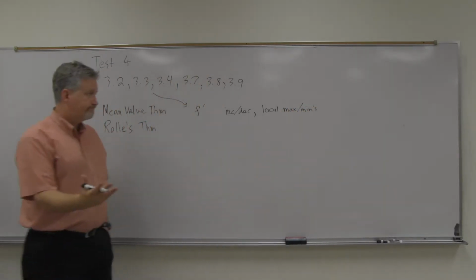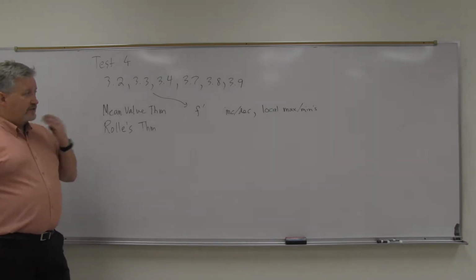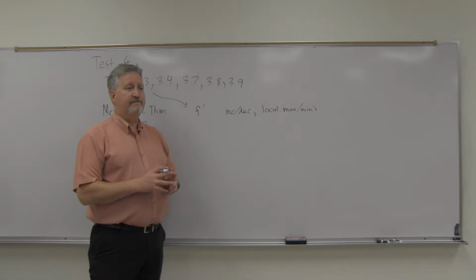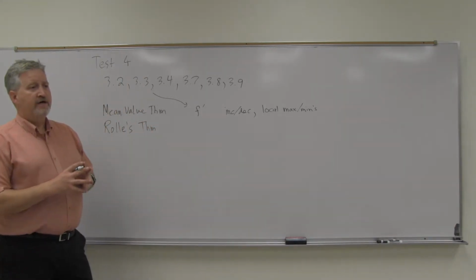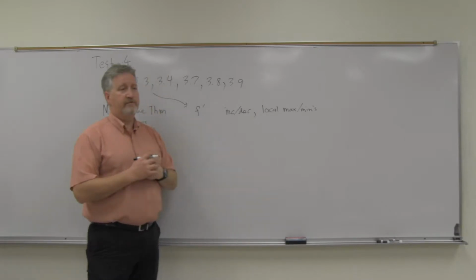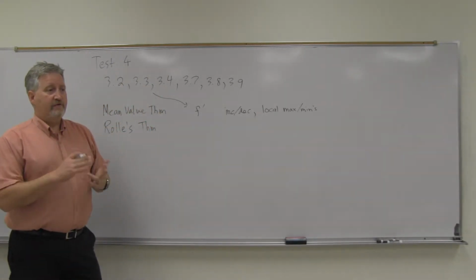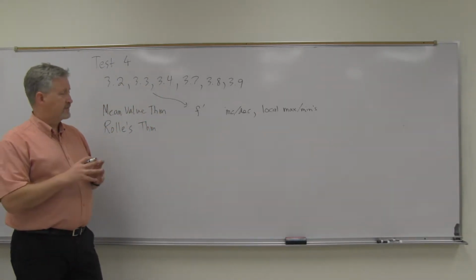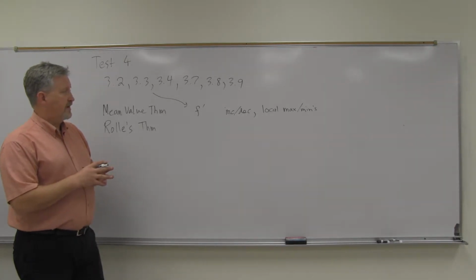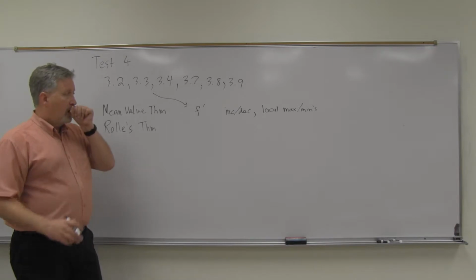If you do a little sign chart, you can get all that information right off of the first derivative. The endpoints of those, of course, are the critical numbers. Derivative equals 0, derivative does not exist. So you get a lot of information out of the first derivative.